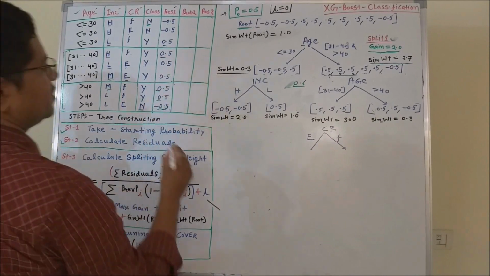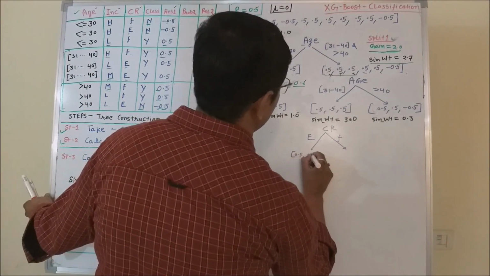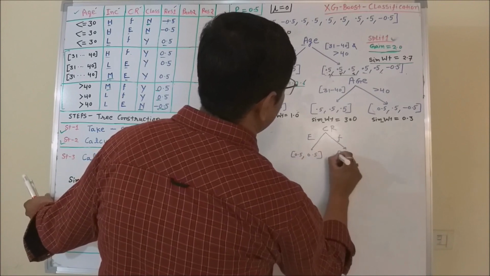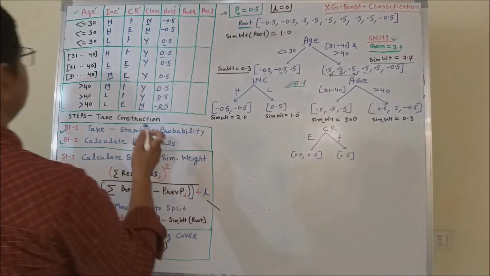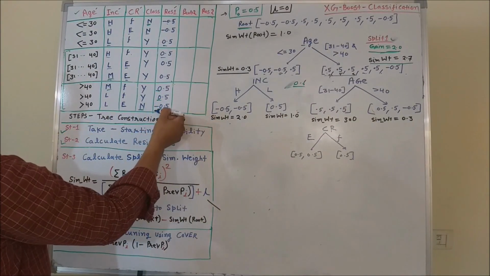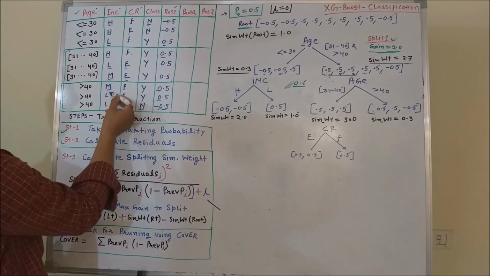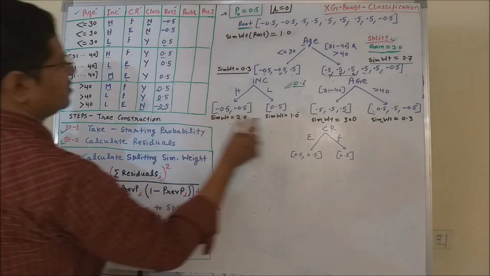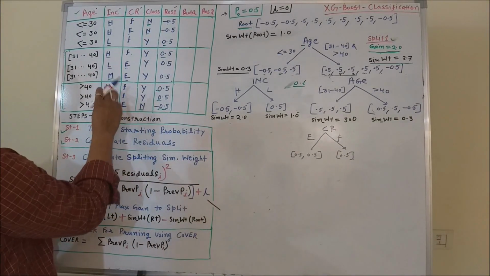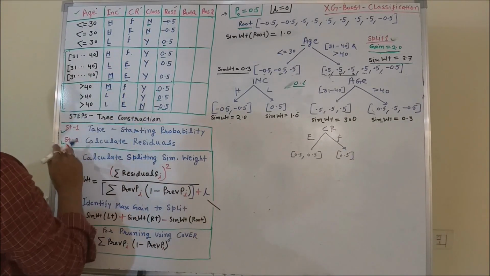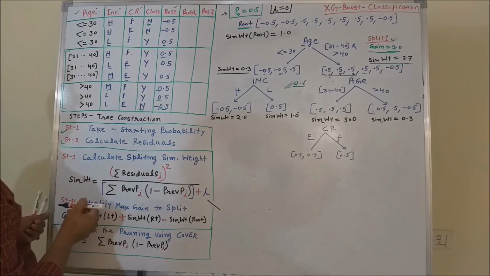So two records will go here, and one record will come here. Again here you can see that there are two candidates for age greater than 40. The first candidate is medium and low income, and the second candidate is fair and excellent.